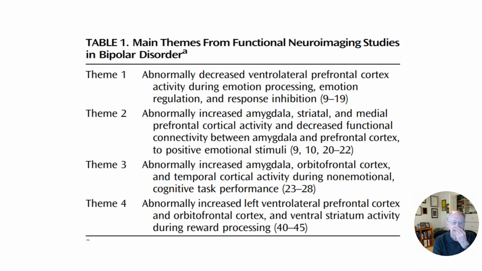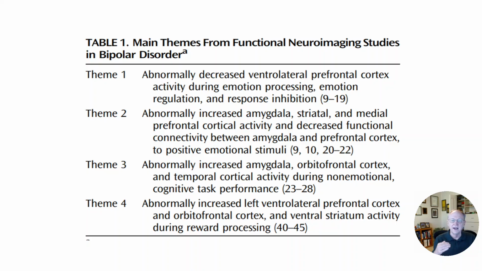All right. So in this article, in the book, I discuss these themes. This is a favorite PRITE question, but it remains true after 10 years. So you can see the ventrolateral prefrontal cortex is disturbed when you're trying to process emotion. The amygdala and medial prefrontal cortex are disturbed when you're dealing with positive emotional stimuli.